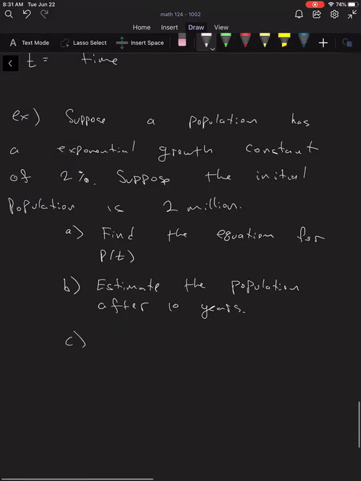And C, find the time it takes for the population to double.